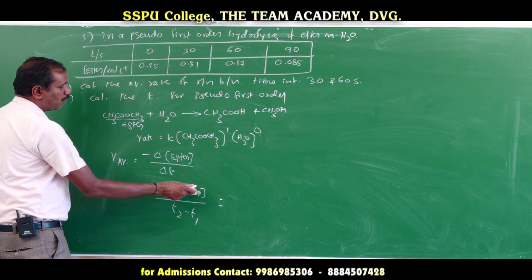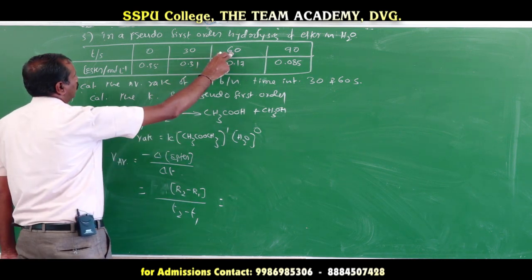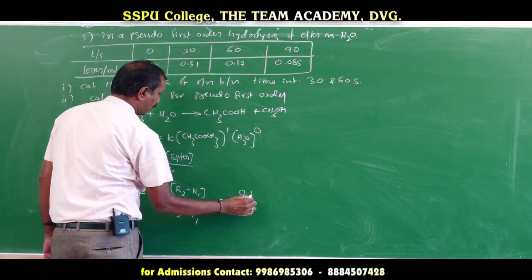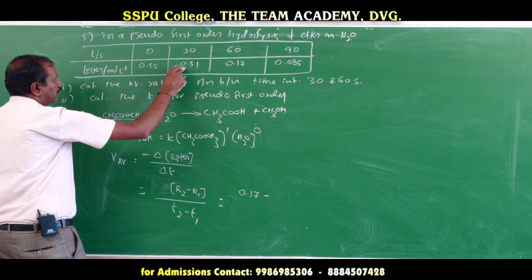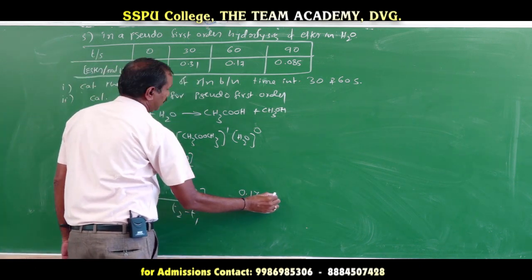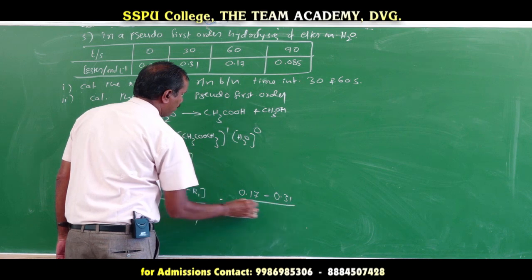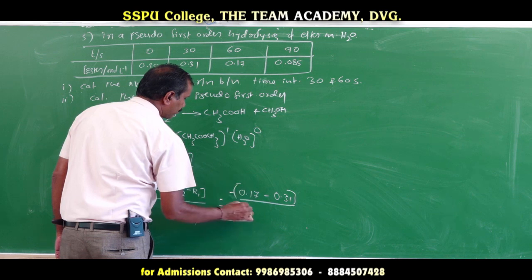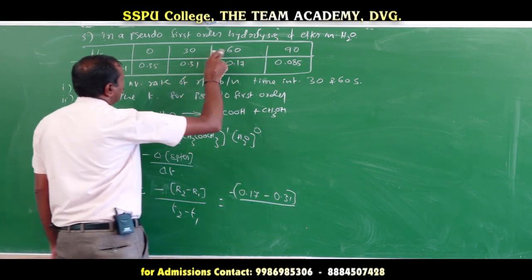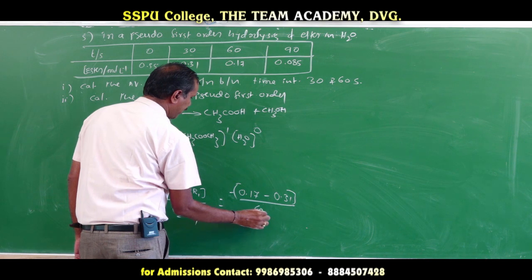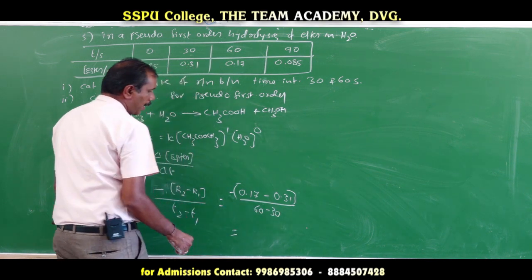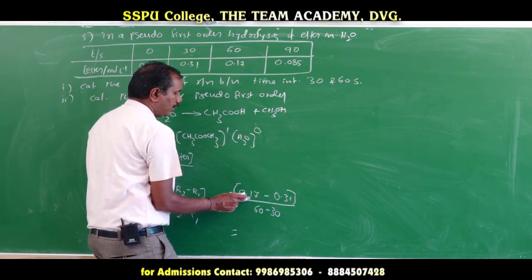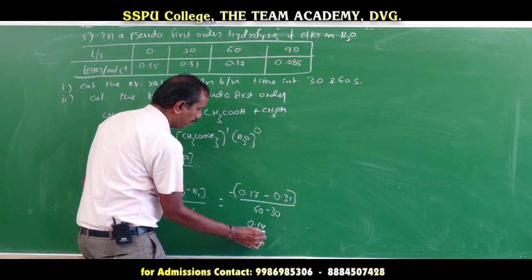R2, the concentration at 60th minute, is 0.17, minus R1, the concentration at 30th minute, 0.31, divided by T2 minus T1, which is 60 minus 30. So 0.17 minus 0.31, minus of minus is plus, 0.31 minus 0.17 means 0.14, divided by 30.